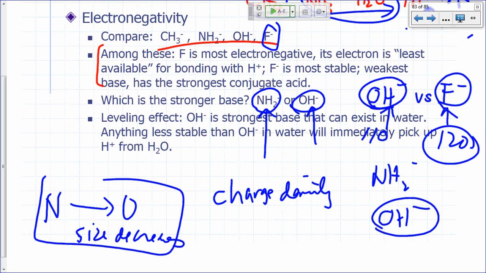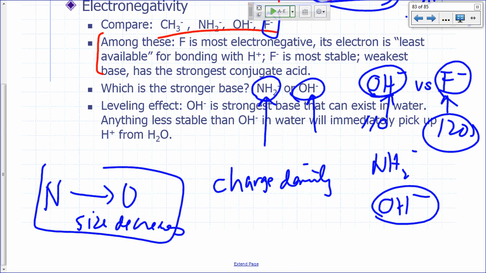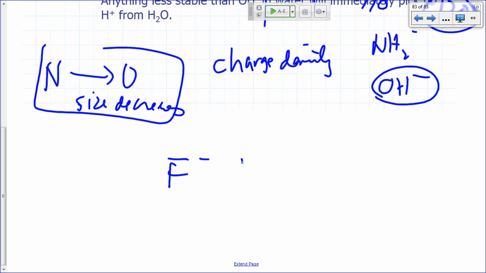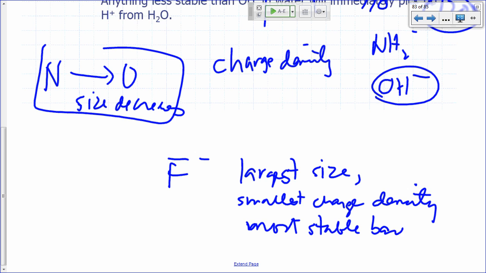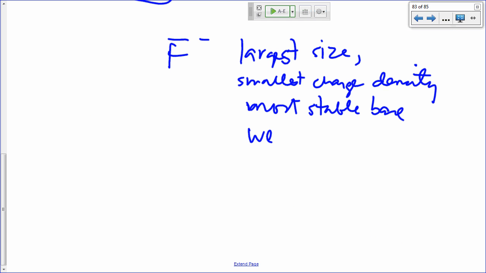So fluoride is the largest size, so it will have the smallest charge density. And so it's going to be the most stable base, and it's going to be the weakest base.